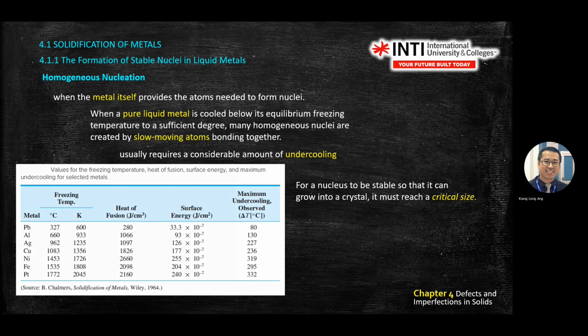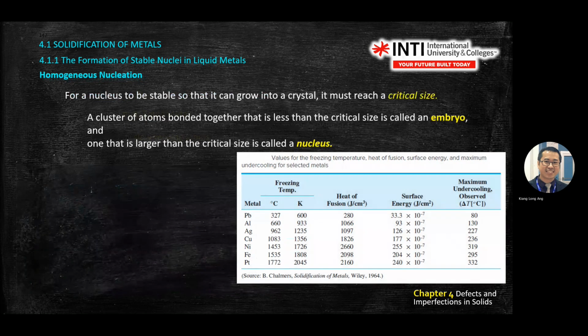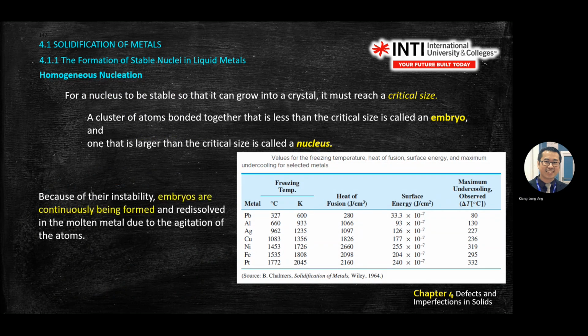An embryo is a size below the critical size, meaning not stable. A size that is not stable is called an embryo, and more than the critical size is called a nucleus.